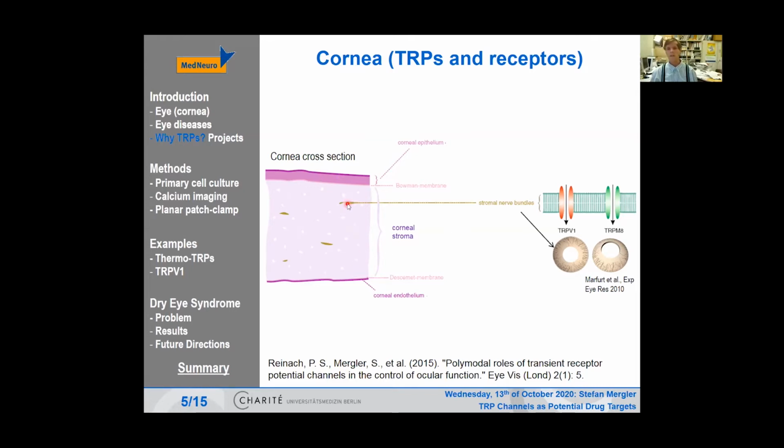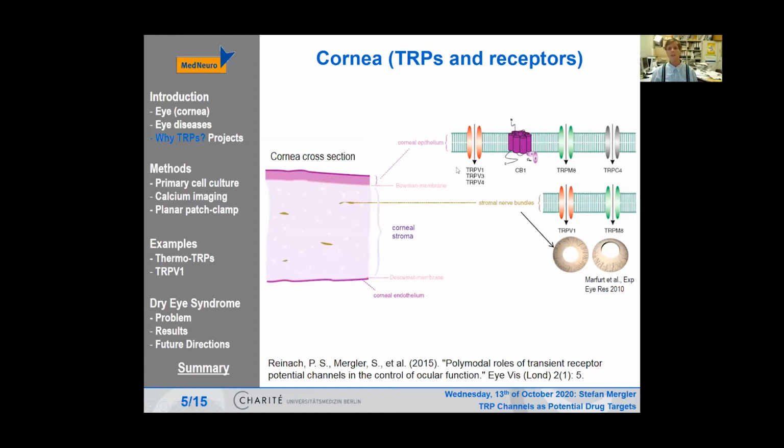In the nerve fibers, it's known from the group in Alicante, Spain, Belmonte et al., who first detected TRPV1 channels in the corneal nerve fibers. This is the classical function of the TRP channels as a pain receptor. In addition, in collaboration with Peter Reiner, a long-lasting colleague at the State University of New York, we together detected for the first time TRPV1 in epithelial cells.